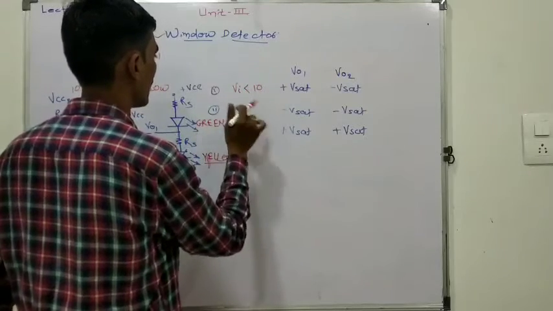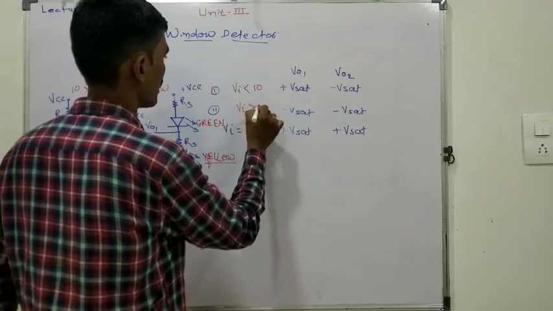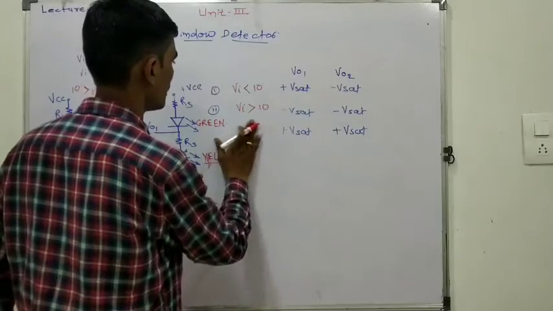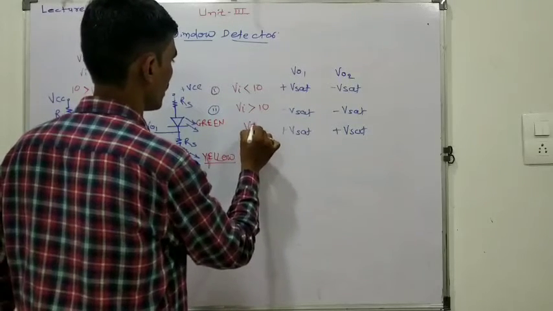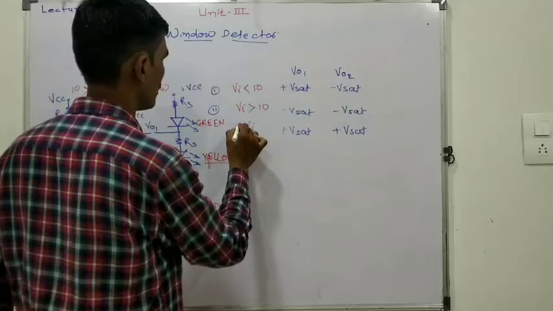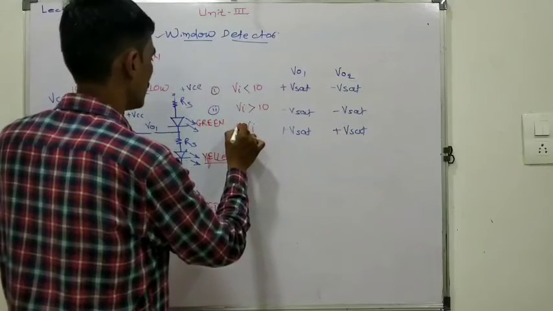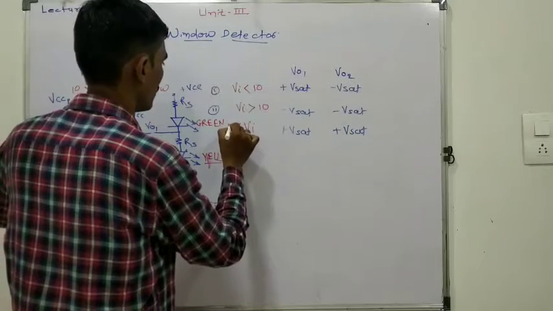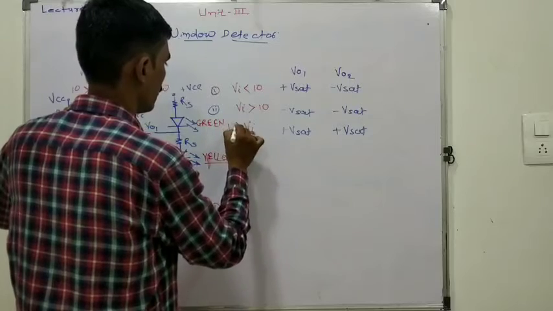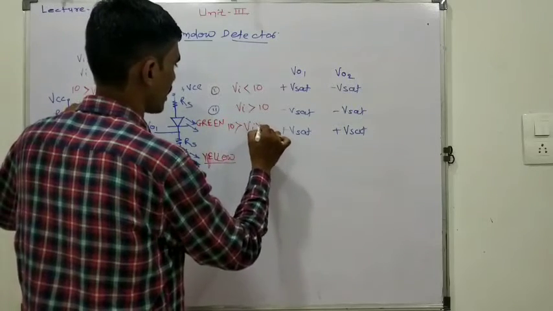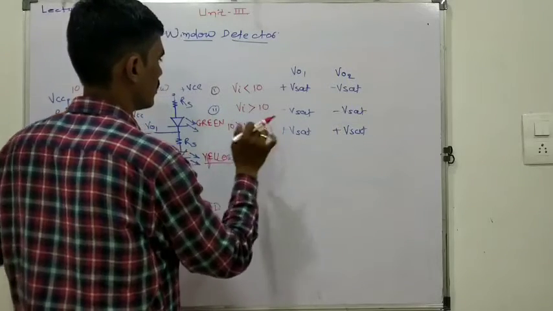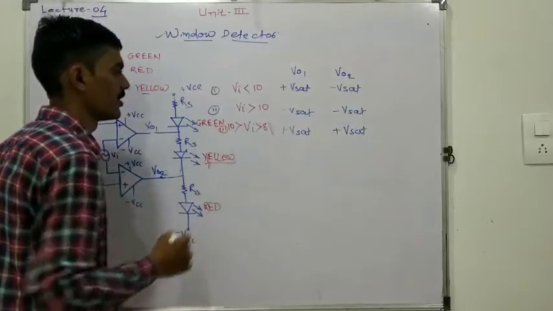Now this is the second condition. Vi is greater than 10 volt. And this is in between: Vi is less than 10 and greater than 8 volt. So this is the third condition.